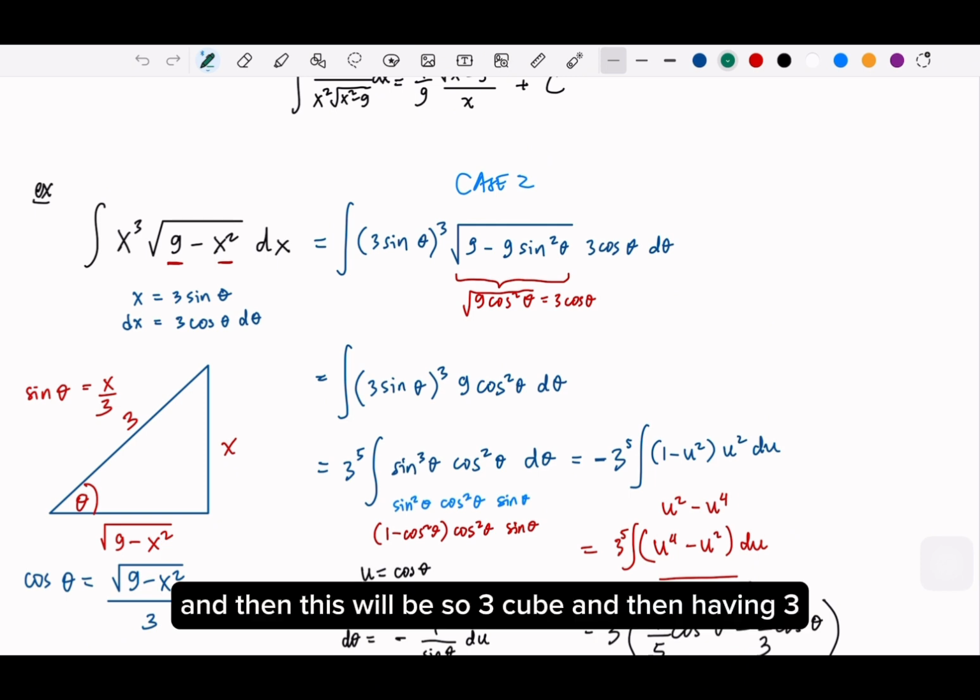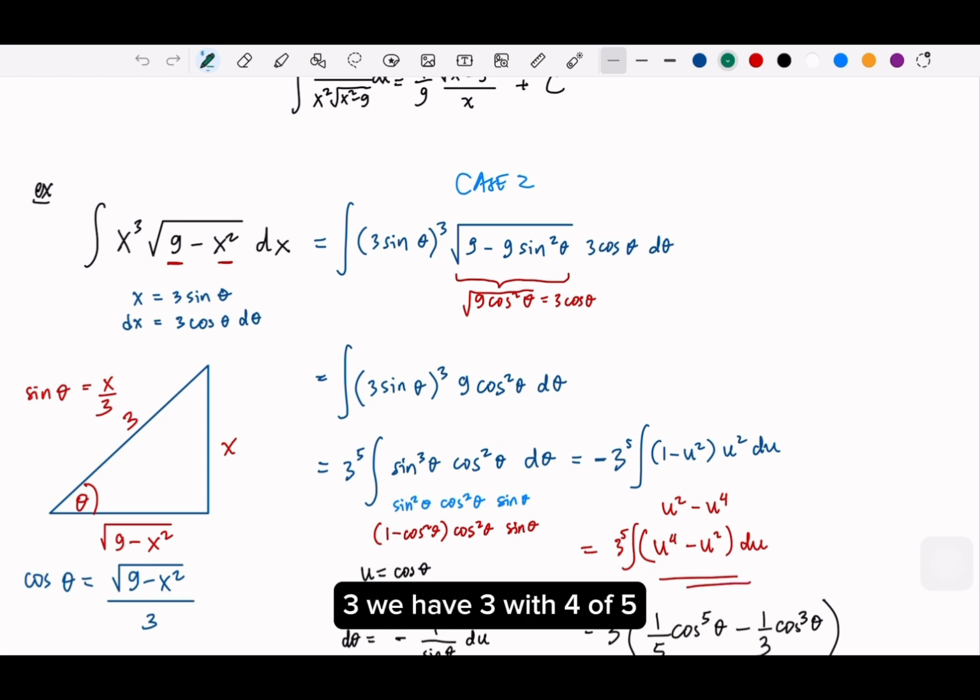Then 3 cubed, and having another 3, we have 3 to the power of 5. Because that is a constant, I will factor the 3 out. And then the integration of sine cubed theta cosine squared theta d theta.